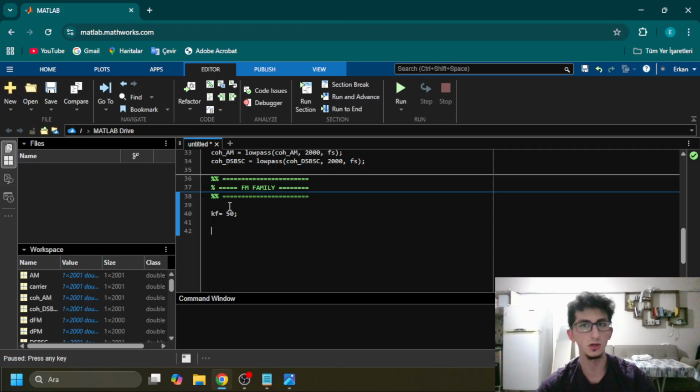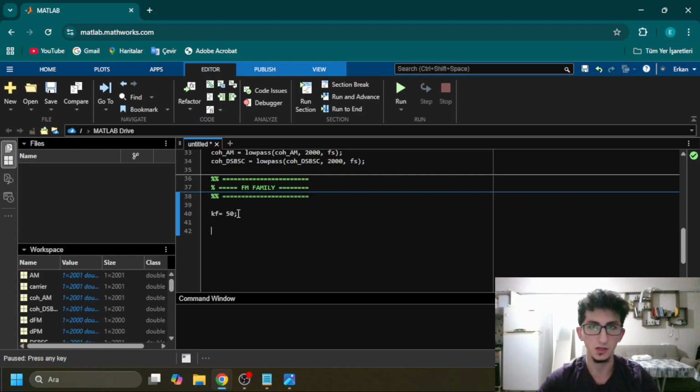So the next one is gonna be narrow band FM, and narrow band FM is modulated using again s(t) equals to cosine 2 times pi times f carrier times t plus kf times message signal m(t).